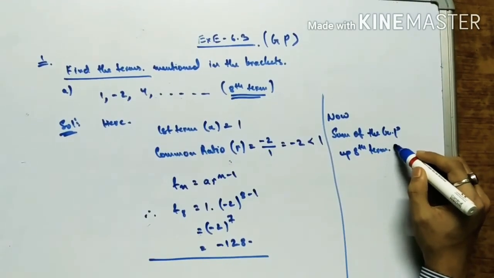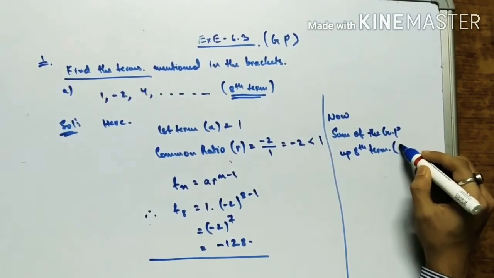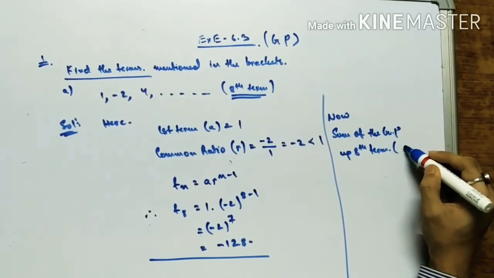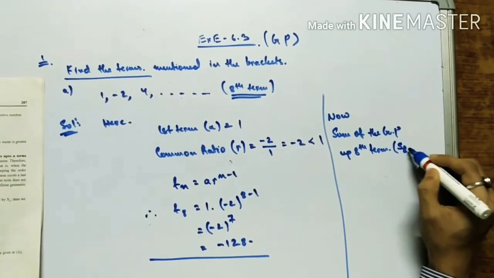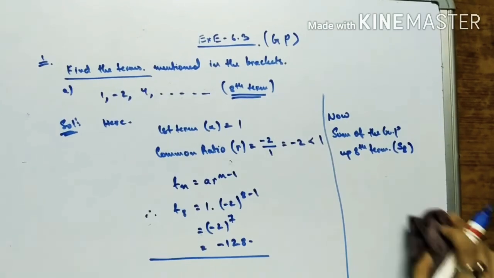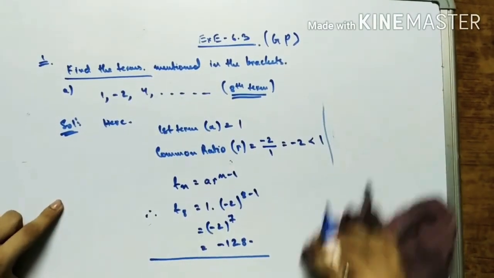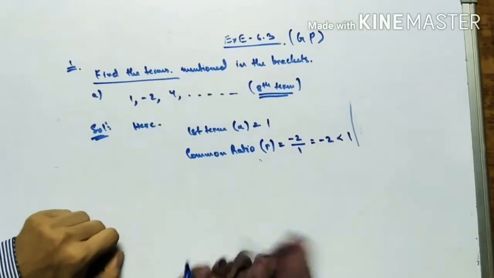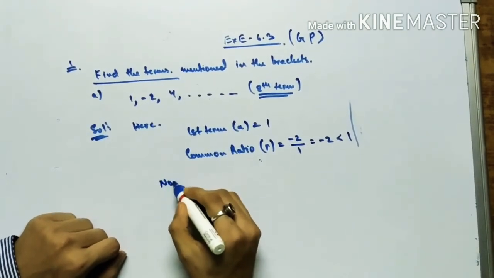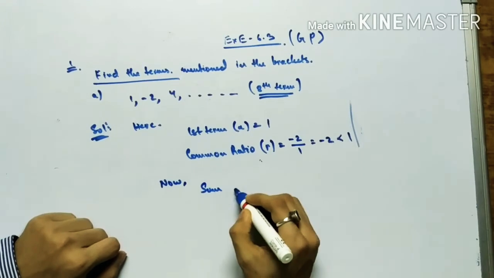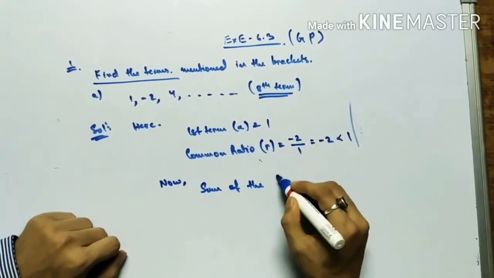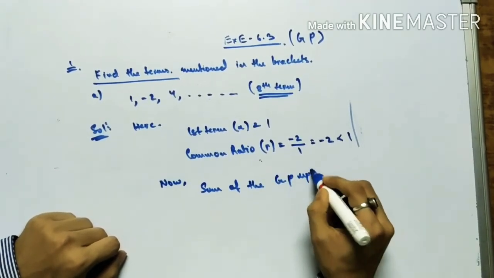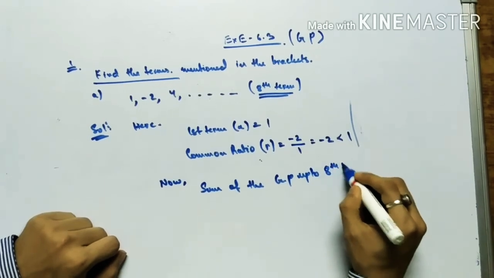Understand? It is given as S8. Let me write it properly. So this one is over. Next I will write the sum of the GP up to the 8th term.